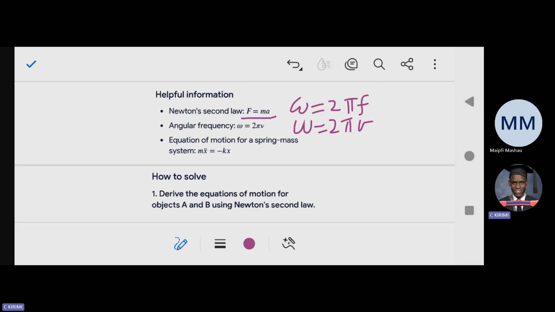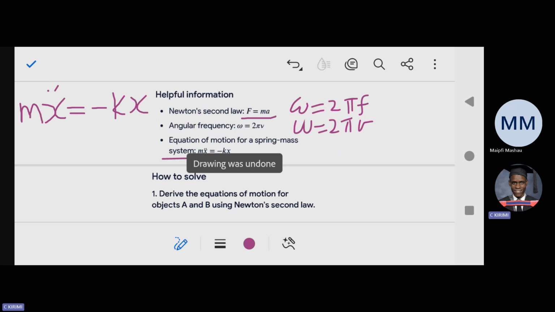Then, when we substitute this force into the equation of motion of a spring mass system, mass times acceleration, where acceleration is x double dot, is equal to the force in a spring, which is negative kx. Why negative kx? Because it's a restoring force.